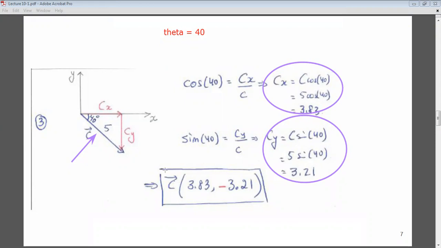Then I come to vector C, and here you just have to pay attention that CX is along the x-axis, so it's positive, because it's with the positive x-axis.